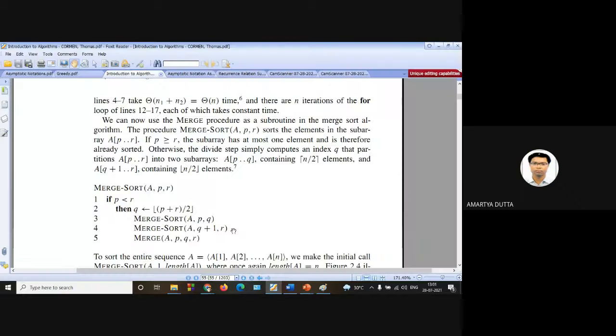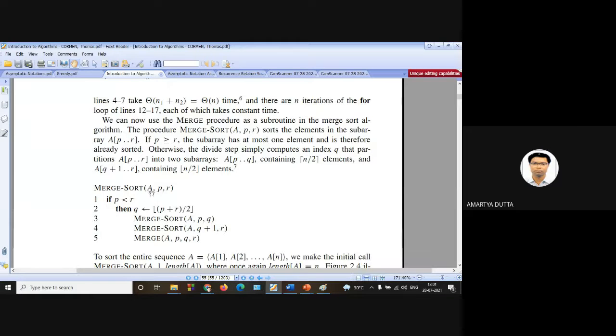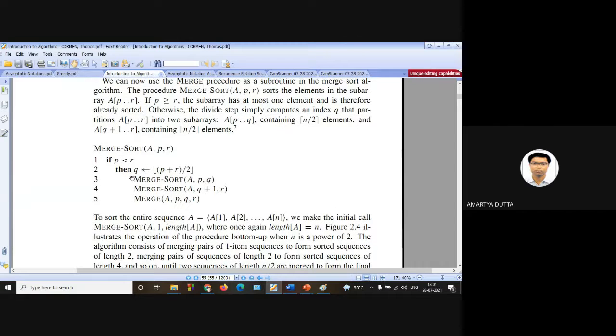Now this is the merge sort. This merge sort also depends upon your divide and conquer strategy. A, P, R: A is the first argument, the array, then P is the first index, just like quick sort, and R is the last index of the array. So if P is less than R, just like in quick sort, this is quite obvious. If the first index is less than the last index, we have to find the middle point.